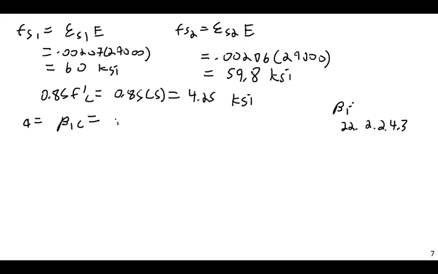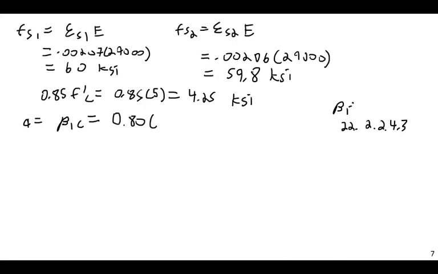Running through the interpolation that we've discussed previously, you'll find that beta 1 is equal to 0.8.